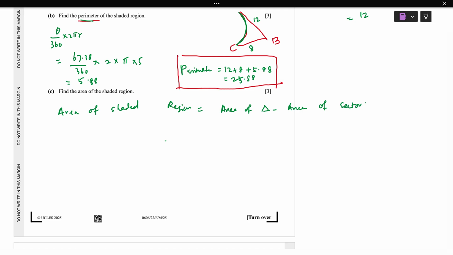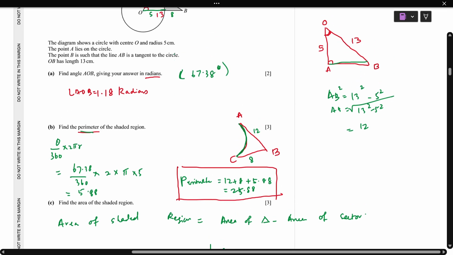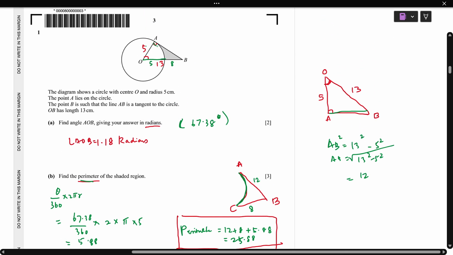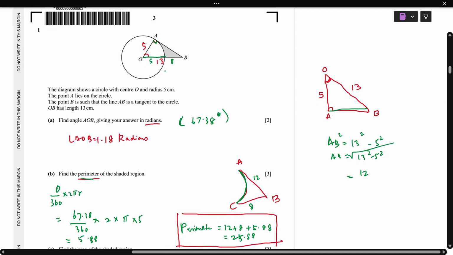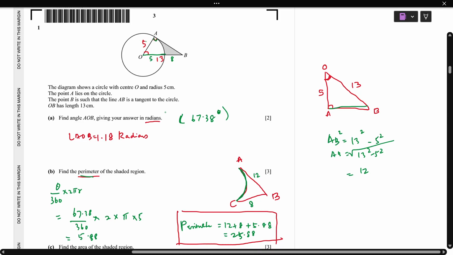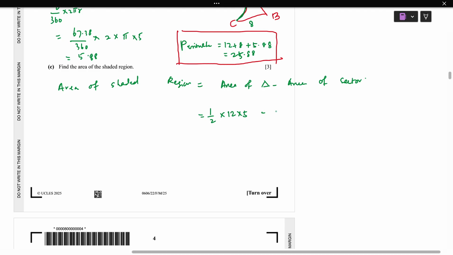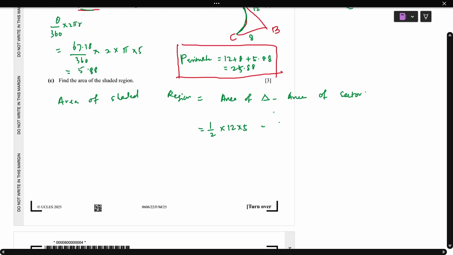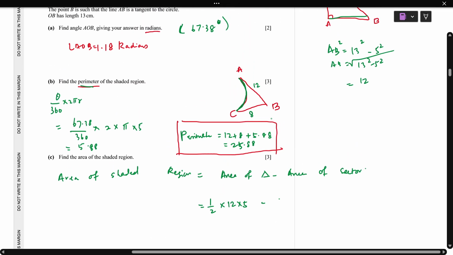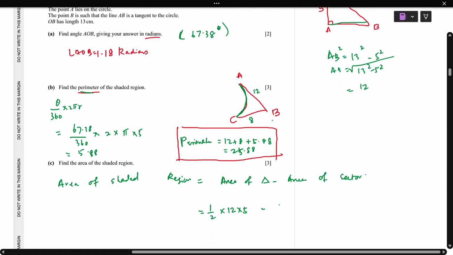Okay, so the area of a triangle is half times base times height, because this is a right angle triangle. Here is the right angle, so the base is going to be AB and the height is going to be 5. AB we already found, which is 12. So half times 12 times 5 minus the area of the sector, which is theta by 360 times pi r squared, where the angle is 67.38.